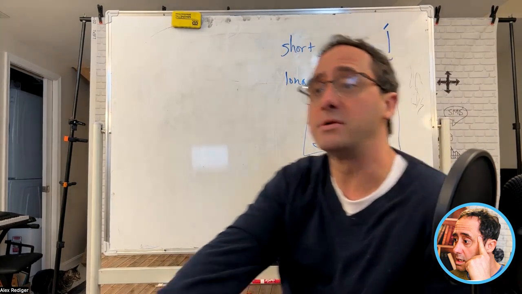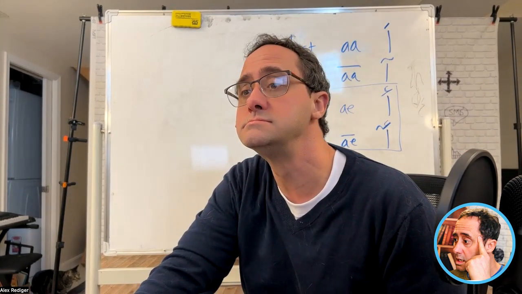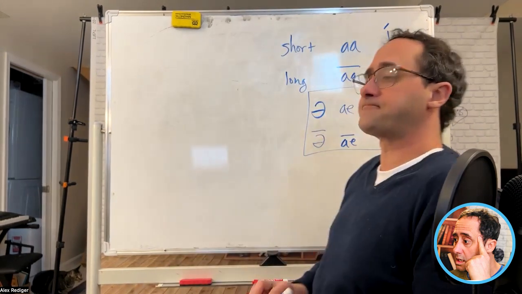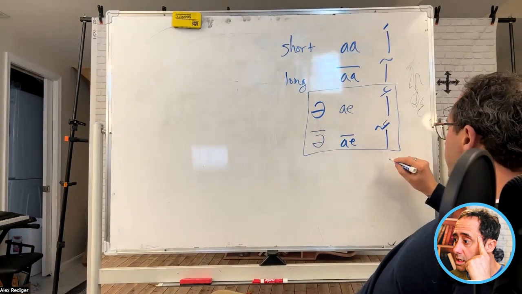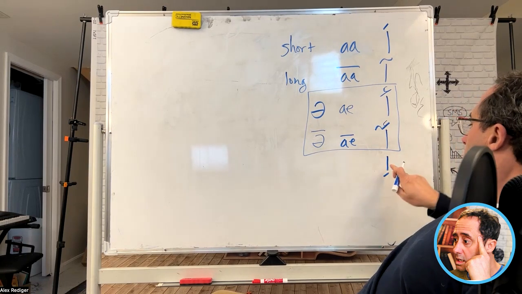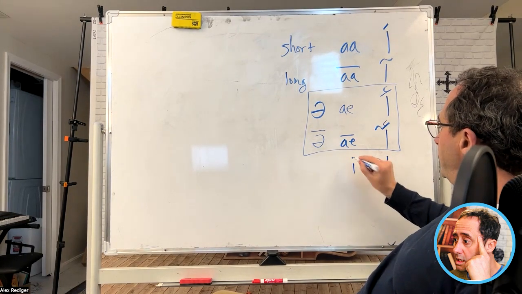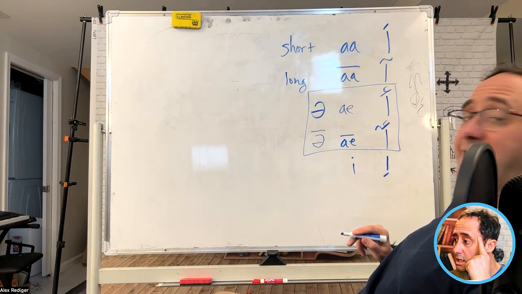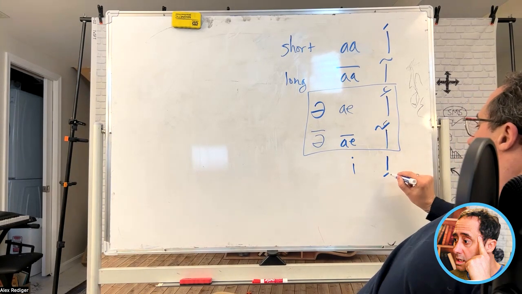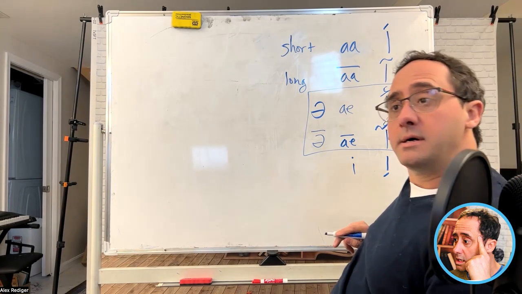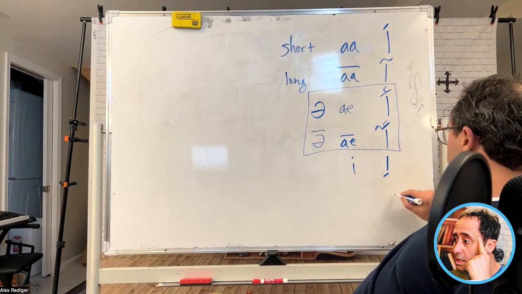Okay, let's keep going. This is not unique. That is short I, aleph with this line under it. Now here's where it gets a little bit interesting.